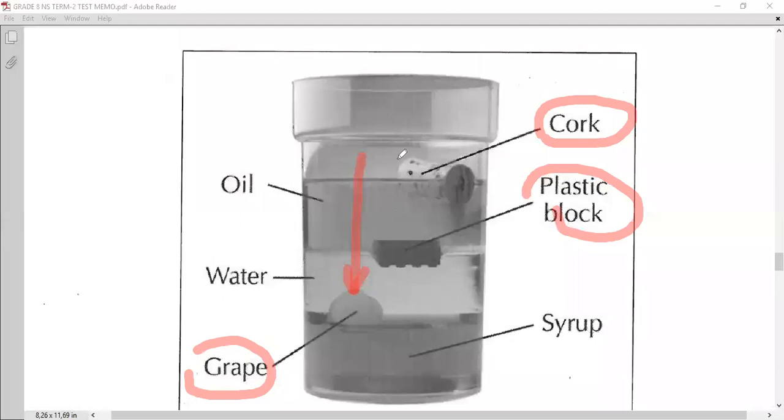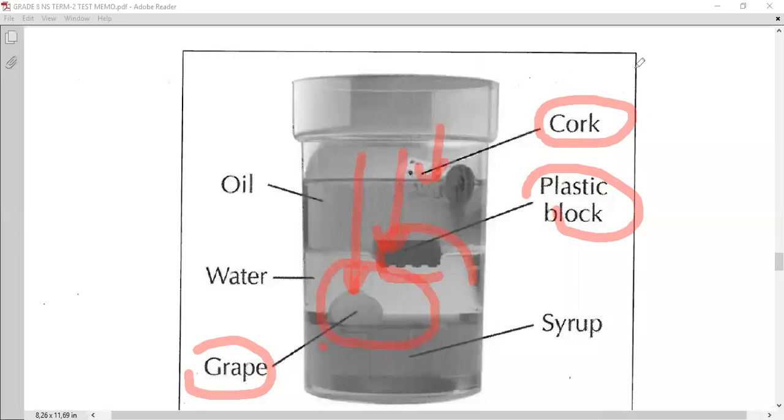When you look at the plastic block, it doesn't float in oil, but it floats on water. When you look at the cork, it floats on water. So which one floats, it has lower density, which one sinks, it has higher density. So I can easily identify that grape has more density than plastic block, which has more density than cork.